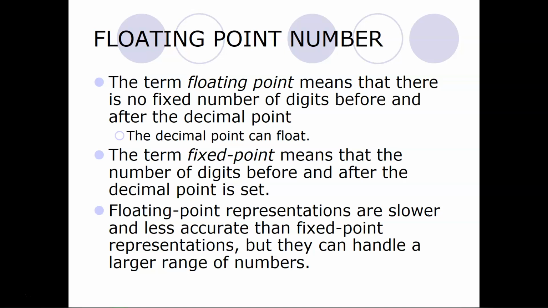The good thing about floating points is that it does allow us to have a bigger ability to range our numbers. So we don't have everything confined to the decimal point.